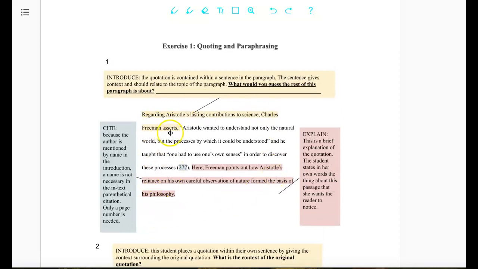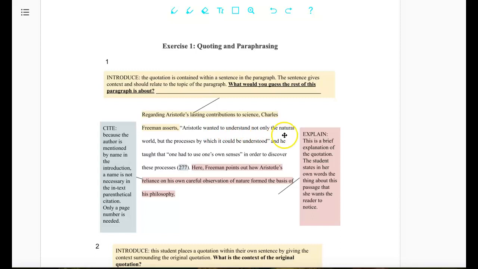Here's an example of a quotation that has been integrated into someone else's writing. So here's our top slice up here, our middle slice here, and our bottom slice down here. Let's read it together. Regarding Aristotle's lasting contributions to science, Charles Freeman asserts, comma, space, quotation marks. This is where our actual quotation begins.